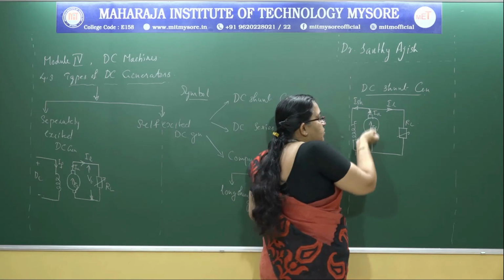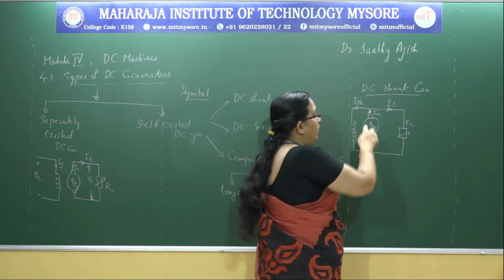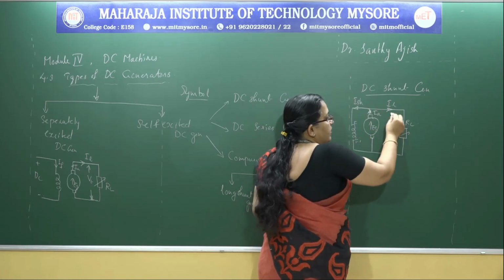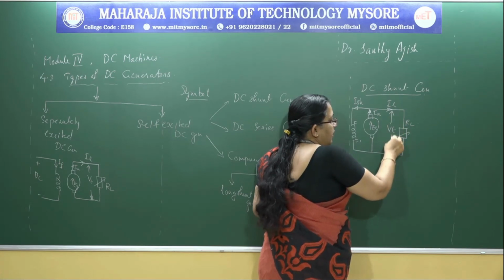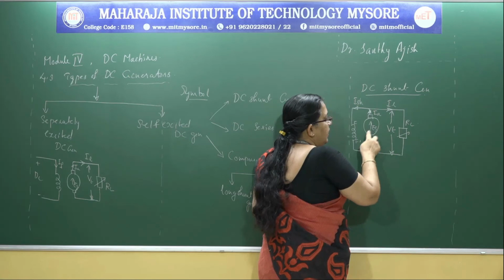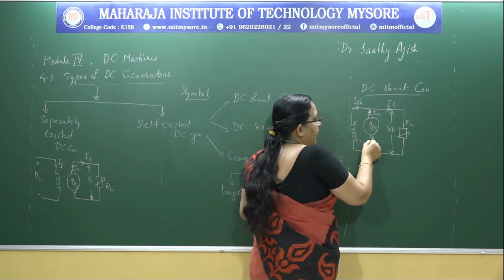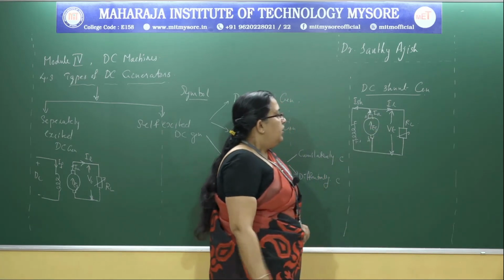The current is produced by the generator, so the current is flowing out of the generator, so the arrow is like this. So Ish flows this way and IL flows this way. I can mark the terminal voltage across the load as Vt, and Eg is the induced EMF. Of course, you remember this is A dash, which is the armature.